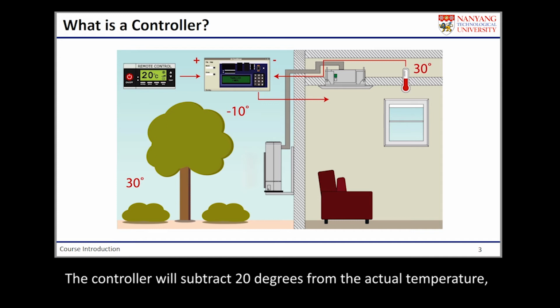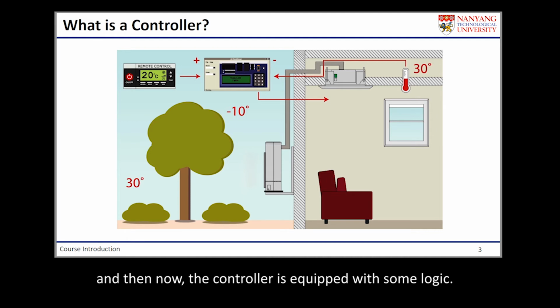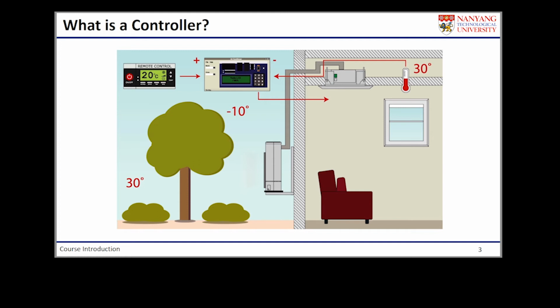The controller will subtract the actual temperature 30 degrees from 20 degrees. 20 minus 30, you will get negative 10. Now, the controller is equipped with some logic.